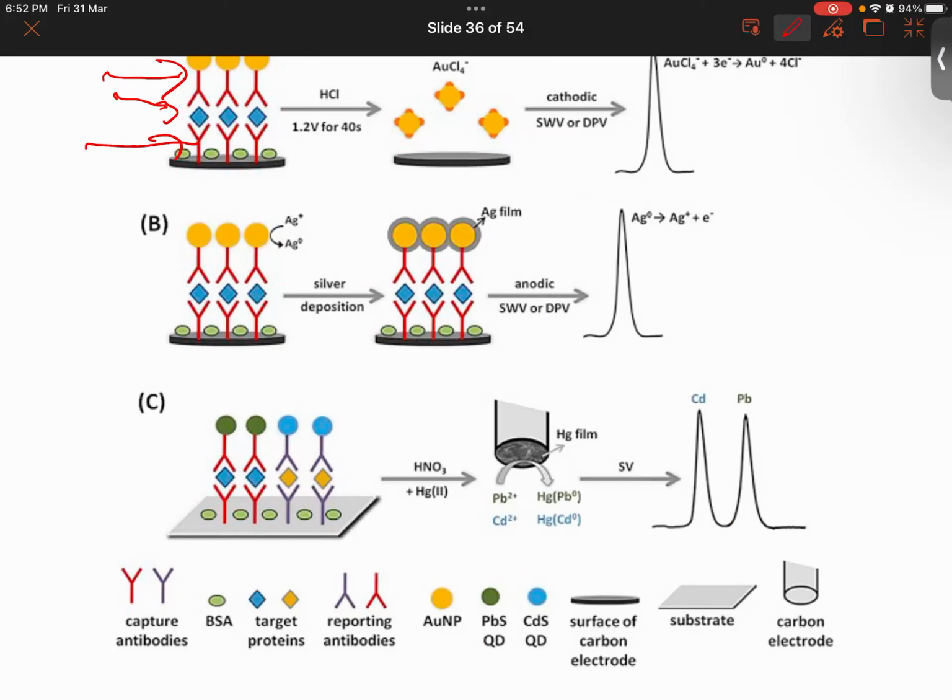So imagine if it is negative, means that the blue antigen is not there, so everything will be washed away, leaving only the capture antibody. So you will not be observing any signal.